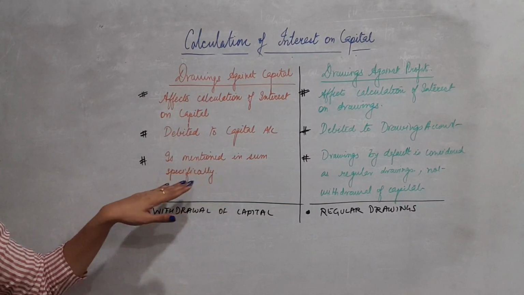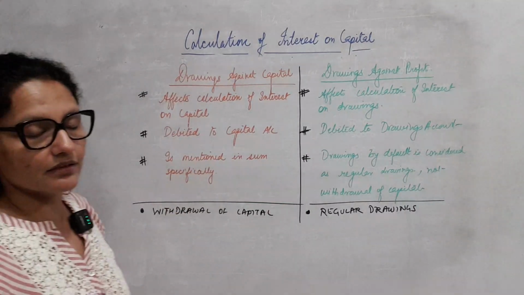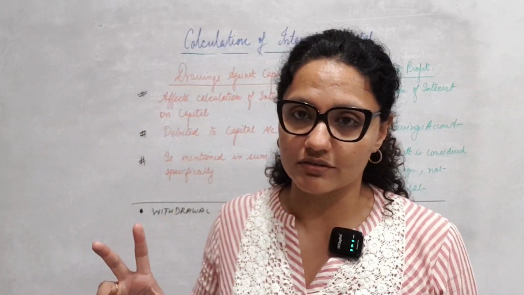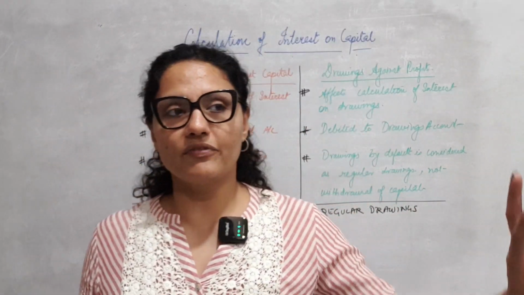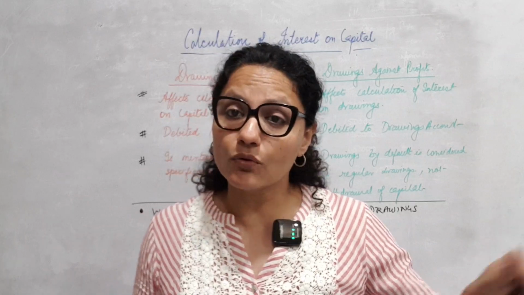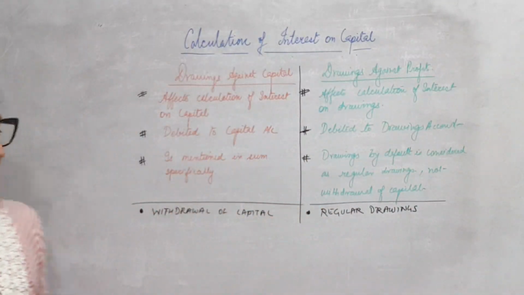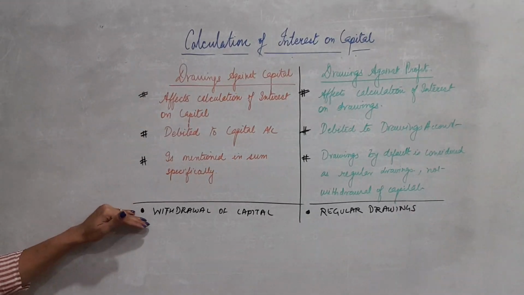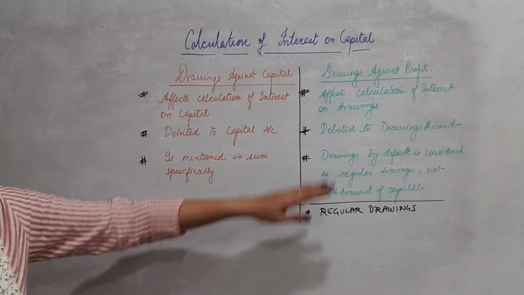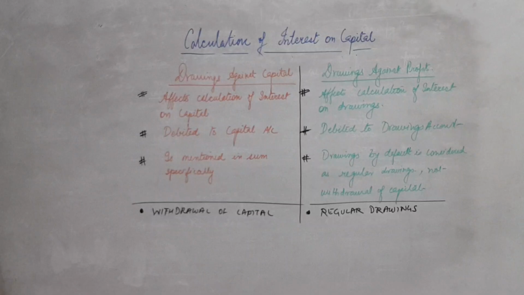If the sum has to specifically mention that partner withdrew from capital 10,000 or withdrew against capital 10,000, then only I consider this as withdrawal of capital. So again, drawings against capital is called withdrawal of capital, and drawings against profit is regular drawings. Very, very important concept. Please make a note of it because this affects your interest on capital and interest on drawings calculation both.